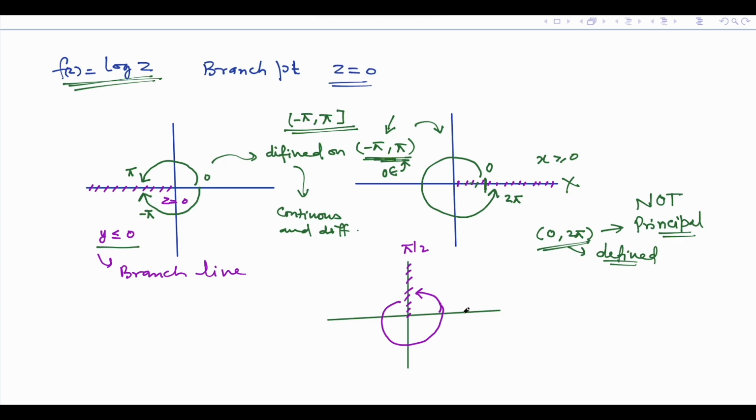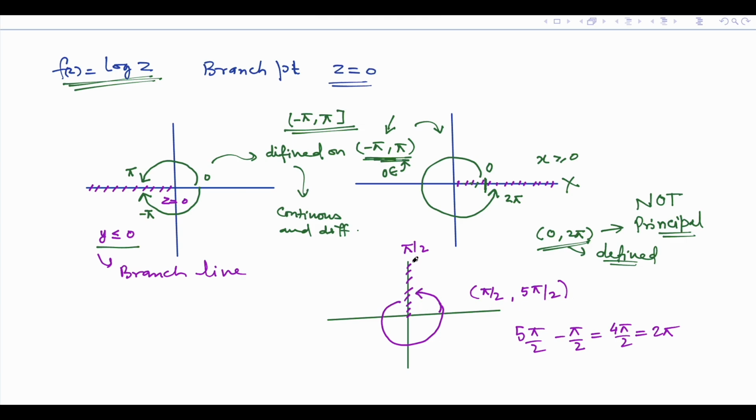So you can start from π/2 and go to 5π/2. What is the difference? 5π/2 minus π/2 is 4π/2, which is equal to 2π, and each gap is 2π. And we are removing the points on the line because it should not touch.